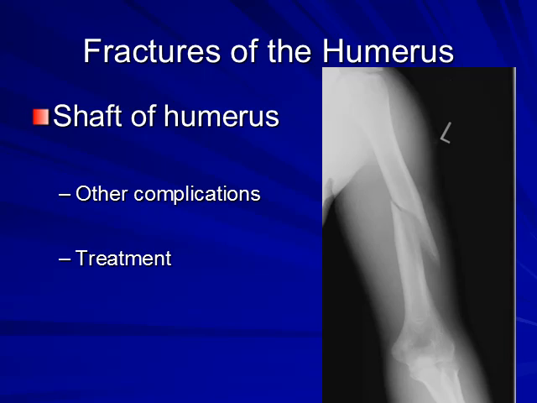Oftentimes, the patient will have a flail arm, in which case their arm sort of hangs or even flails when they try to move it. They're immediately going to guard, if possible, and sort of brace and hold their arm. You get a ton of muscle guarding and sort of retraction of those muscles trying to stabilize that site and prevent you from moving it.